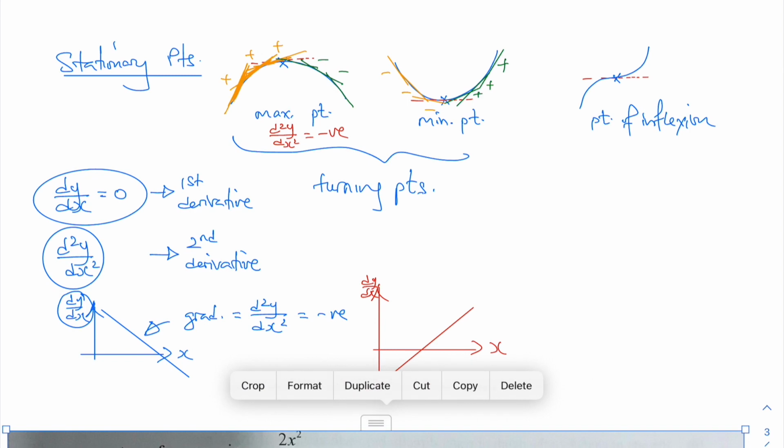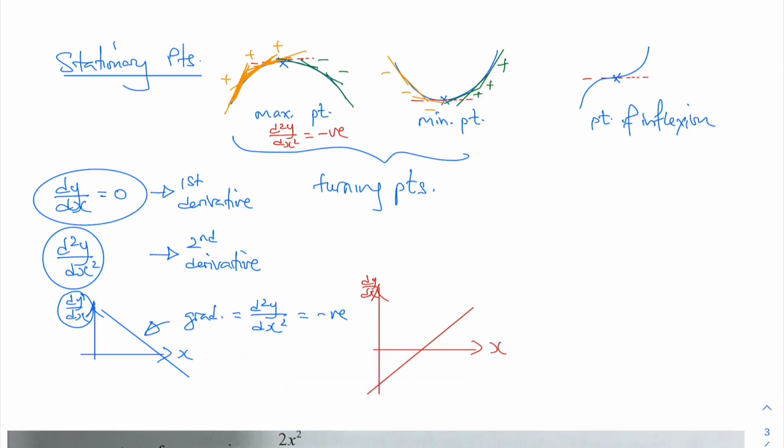Agree or not? Whether it's a straight line or not is immaterial. That's not our focus. But we know that it moves from negative dy/dx to positive dy/dx. Now the gradient of this graph again is d2y by dx squared. Is it positive or negative? Positive. So for a minimum point, d2y by dx squared is a positive value.